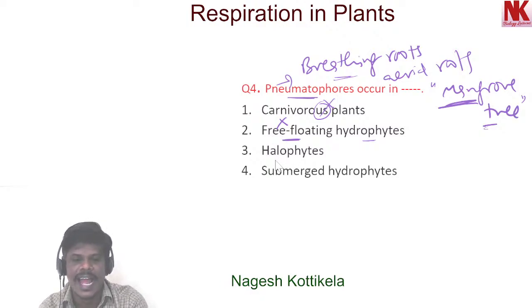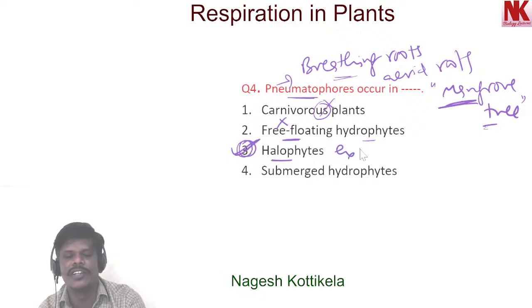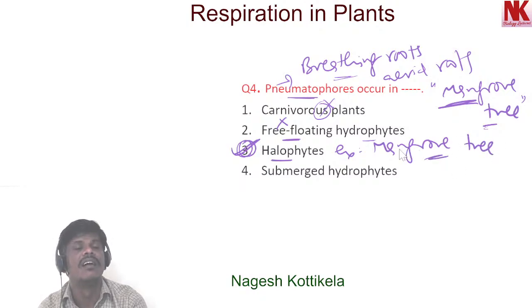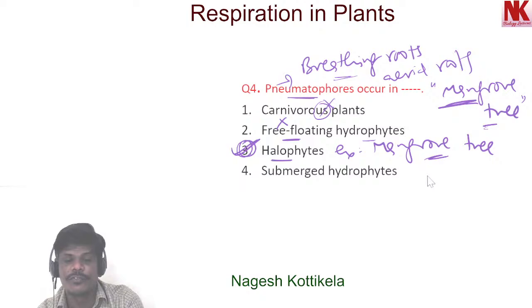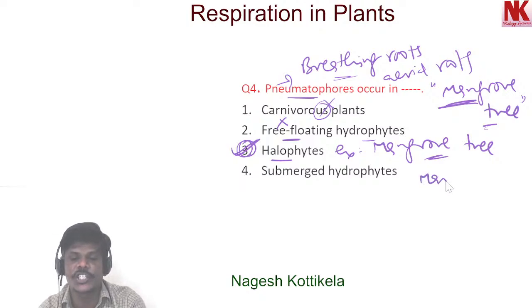Halophytes: yes, this is correct. For example, the mangrove tree is an example of a halophyte. Halophytes are found in salty water, in marshy land or marshy soil, in ponds, swampy areas and marshy areas.